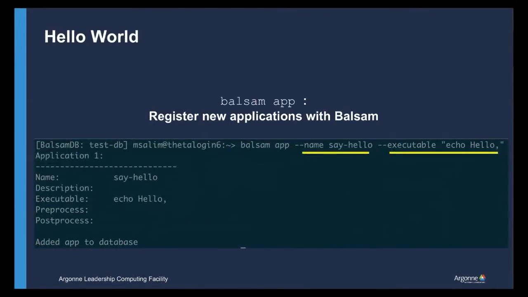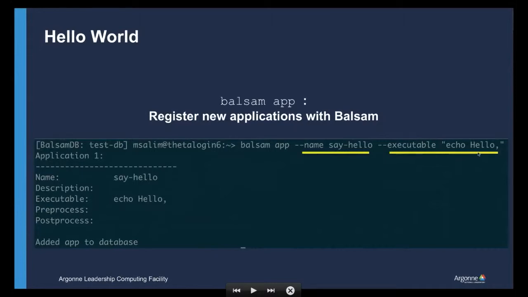Now the key to getting started is to register an application that you want to run. So this first command, Balsam app, is the way to do that. You'll see here that we just provide a name or an alias for our code. In this case, I'm just using the bash built-in echo rather than a real simulation code.